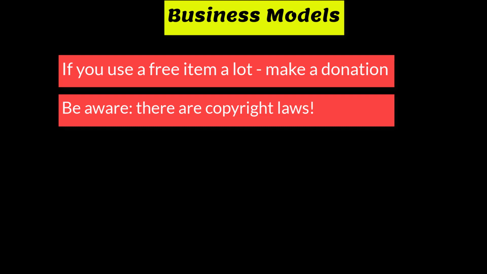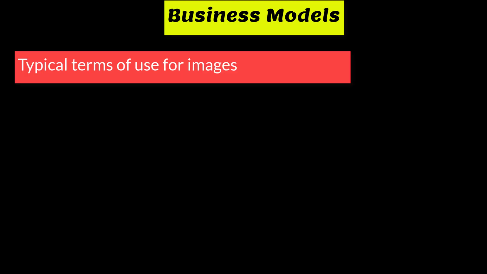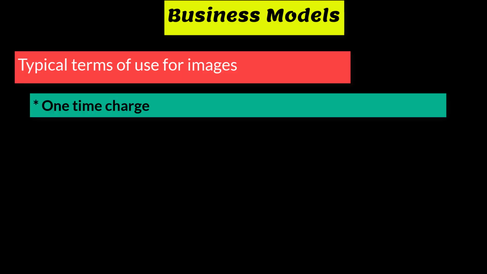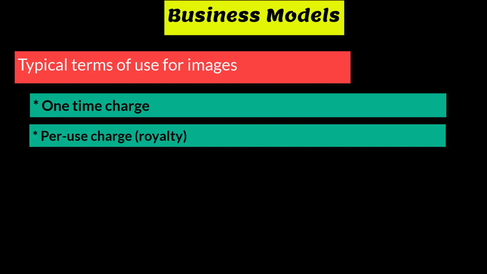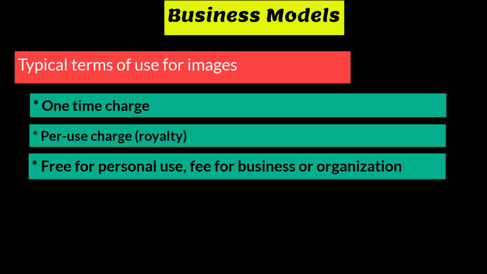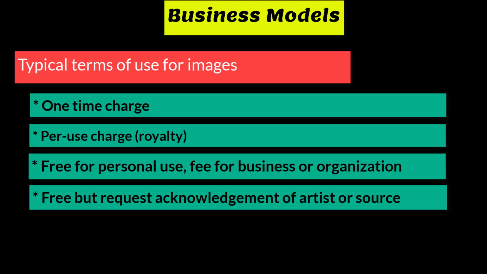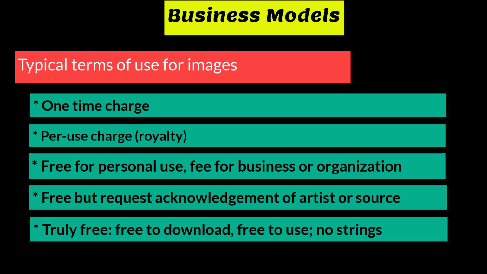If you use, say, images you've downloaded, you are expected to abide by the terms of the provider. For images, it's typically one of these: a one-time charge, or a per-use charge, a royalty, or free for personal use but fee if used for a business or organization, or free but they request acknowledgement on your page of the artist or source, or truly free, free to download, free to use, no strings.